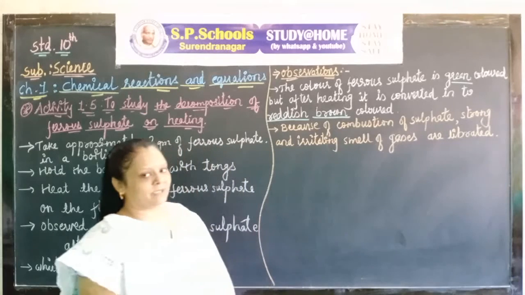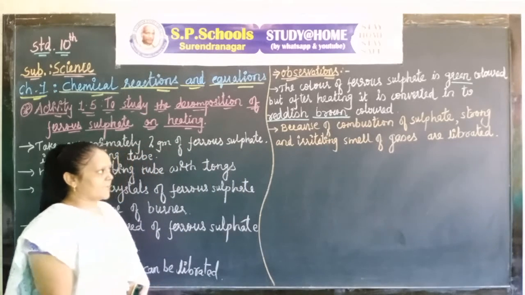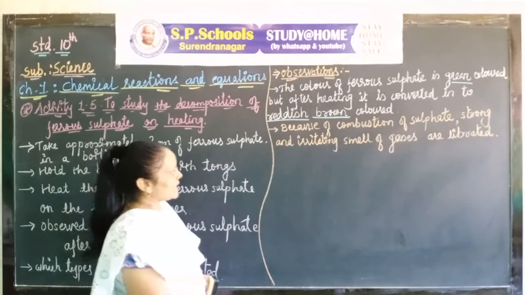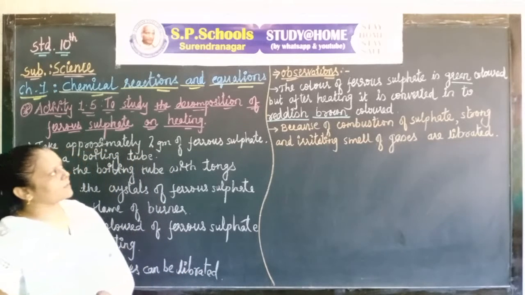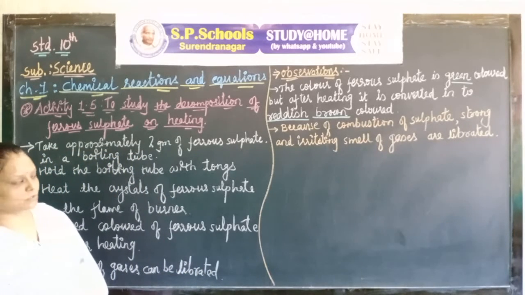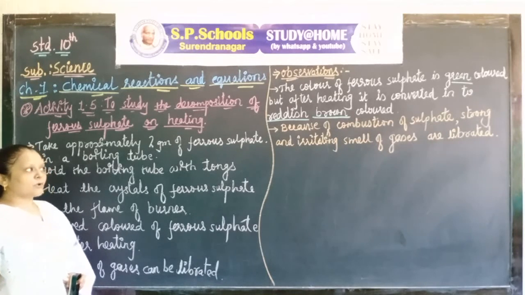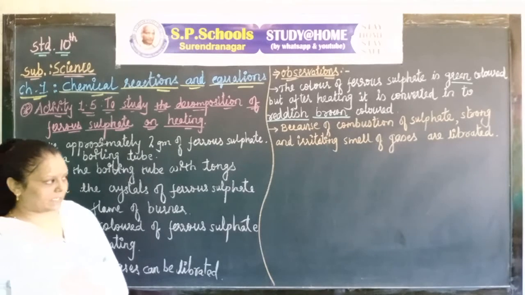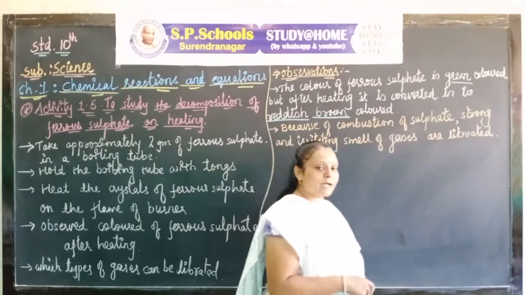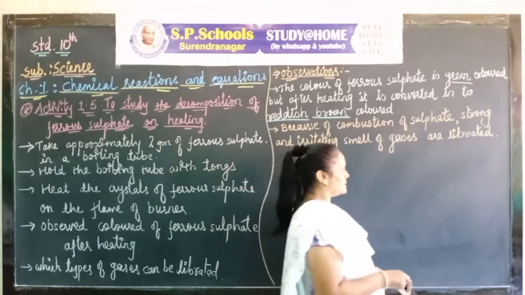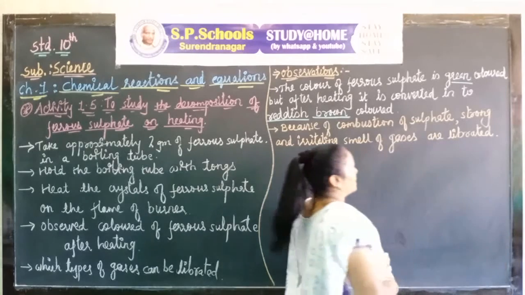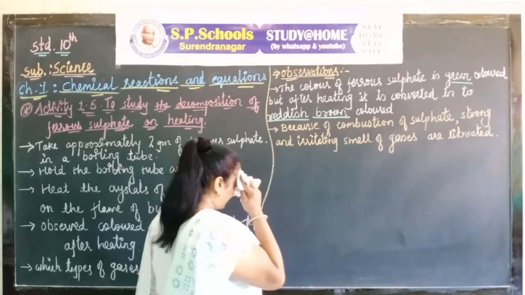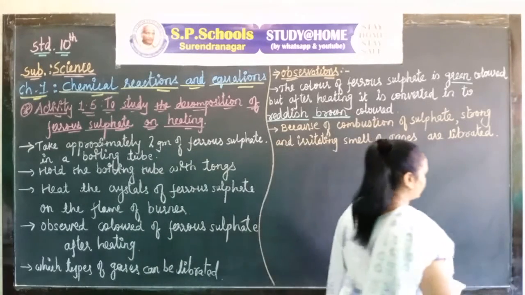Two types of observations can be made in this activity: the first is the color change, and the second is that gases with a strong irritating smell are liberated. First we write the chemical equation for this reaction, and then we clarify the gases and the color of ferrous sulfate.